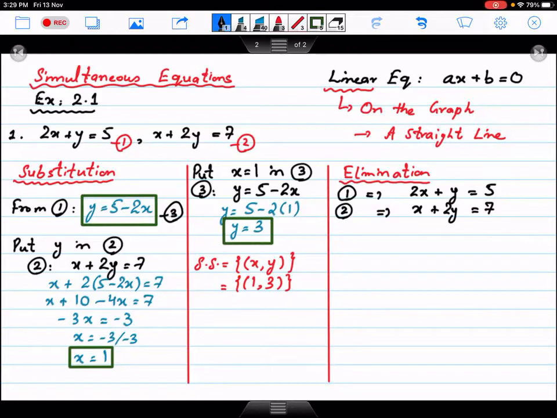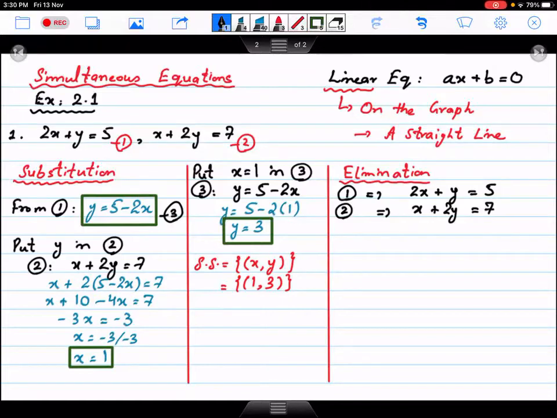To eliminate x, the coefficients of x must be the same. To eliminate y, the coefficients of y should be the same. We can eliminate either variable. Let's say I want to eliminate x.